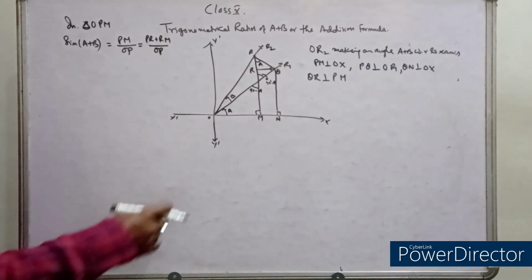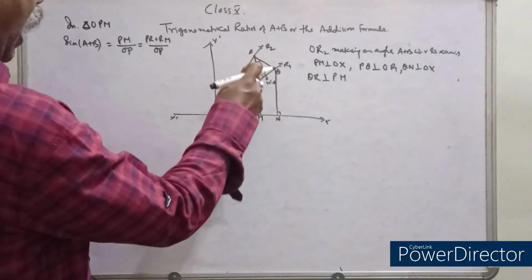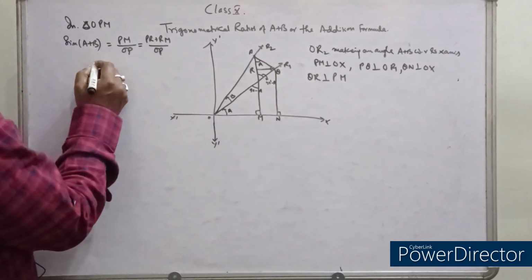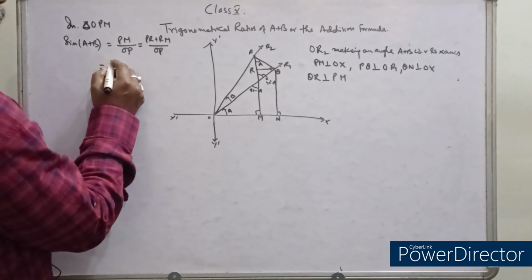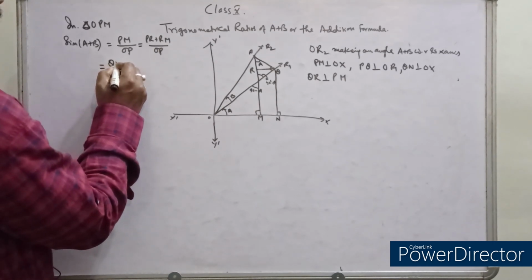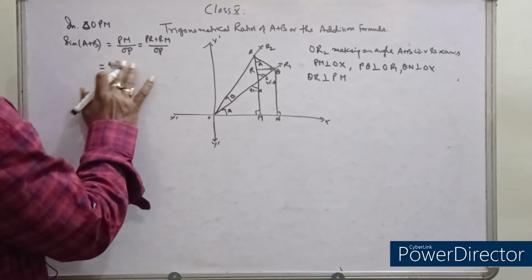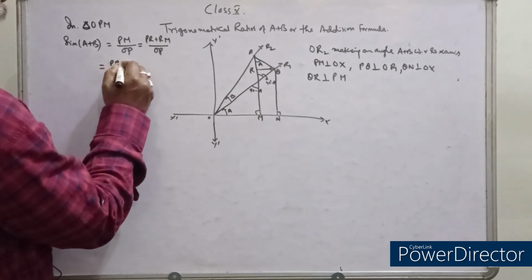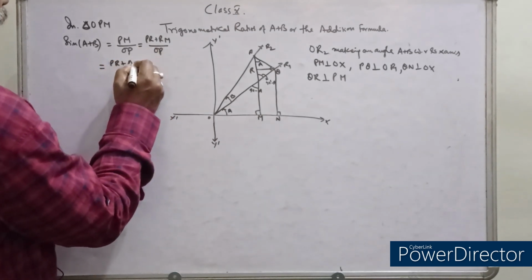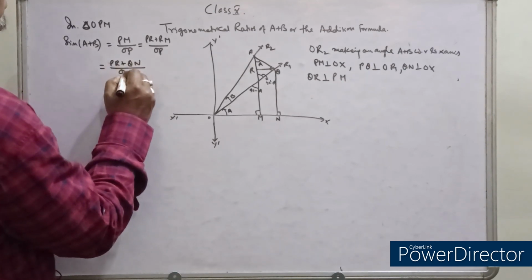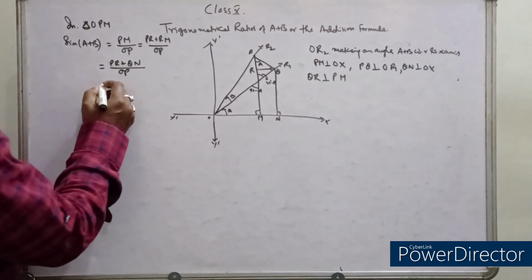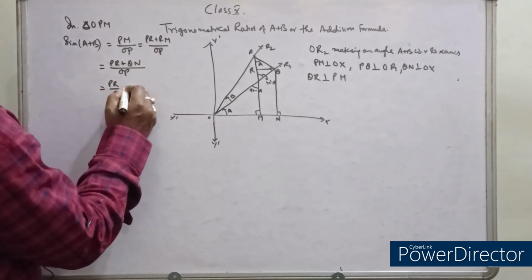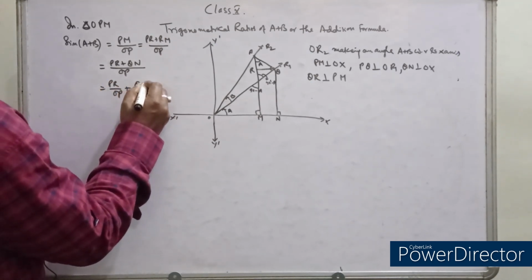Now instead of RM you can write QN, because this forms a rectangle. So PR plus QN by OP, which is PR by OP plus QN by OP.